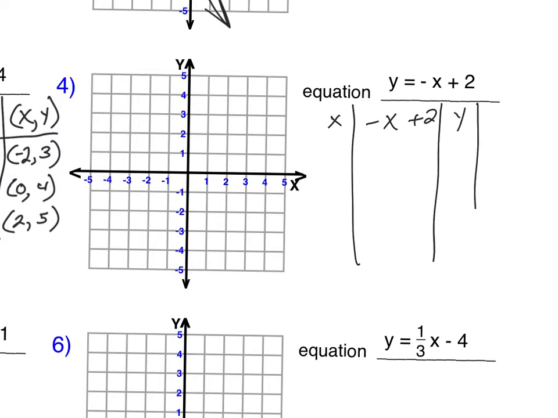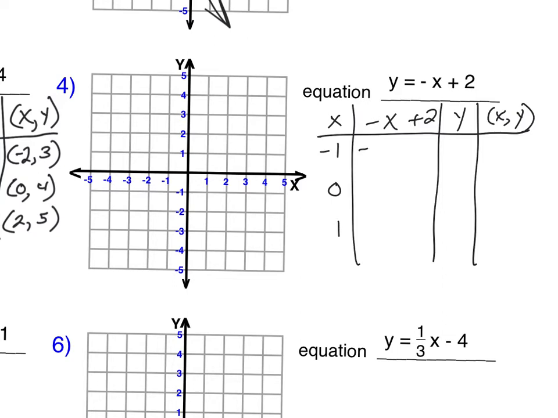Y. And my coordinate. Okay, you can plug in any values you want now. There is no fraction in front of there. There is a negative, and that means that whatever value you put in for x is going to change signs. So if I put in a negative 1, a 0, and a 1, let's see what happens.